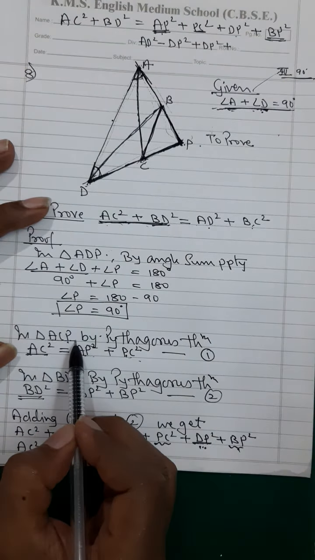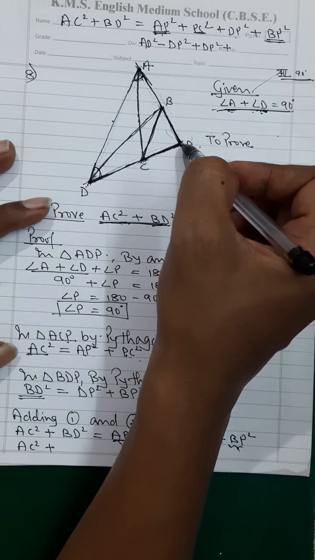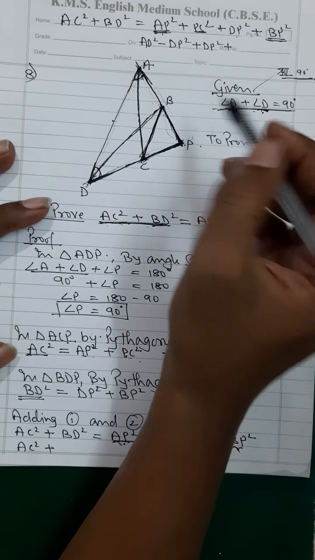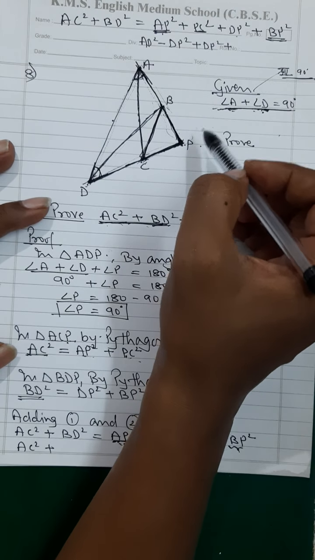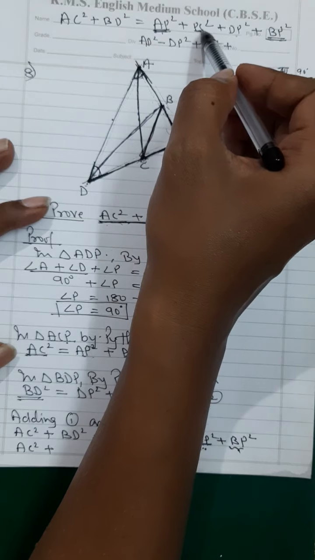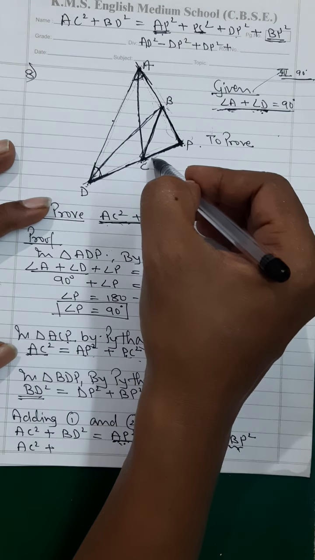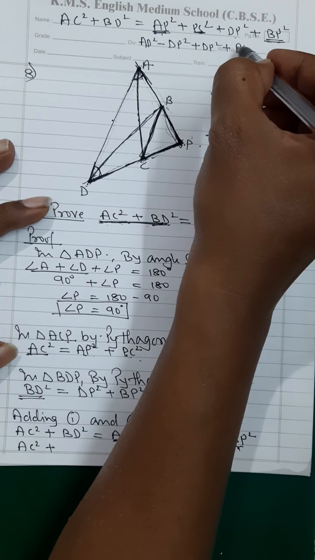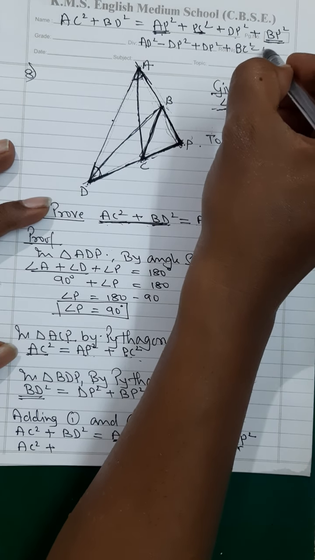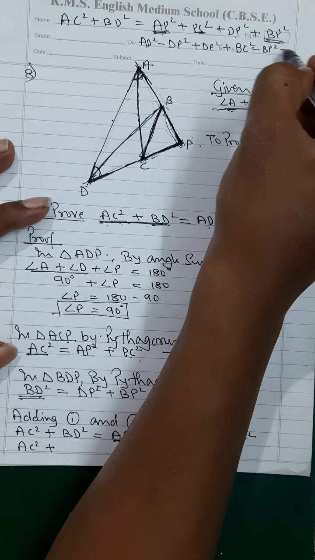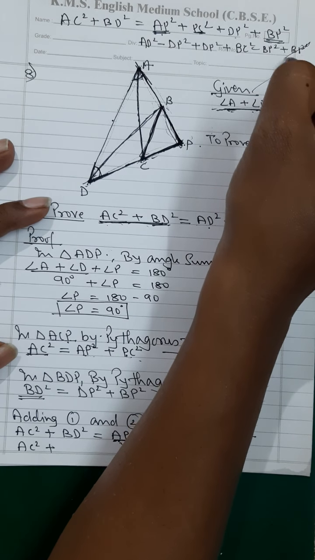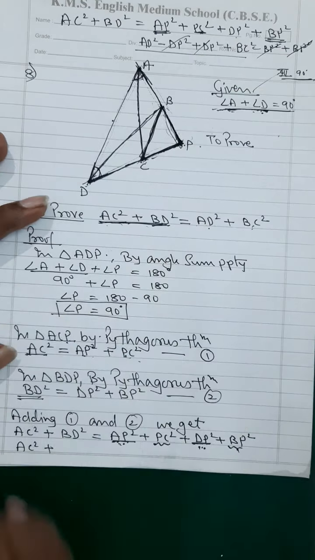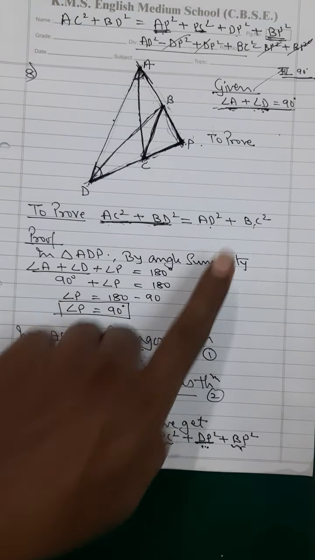There are only two right angle triangles with PC: ACP and BCP. So in triangle BCP, PC square will be equal to BC square minus BP square, and plus BP square I will write over here. Now this will get cancelled, this will get cancelled. What stays is AD square plus BC square, automatically.